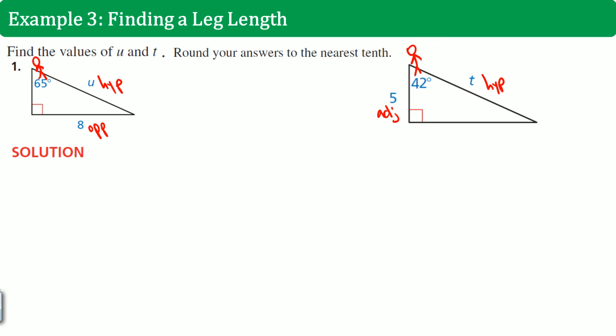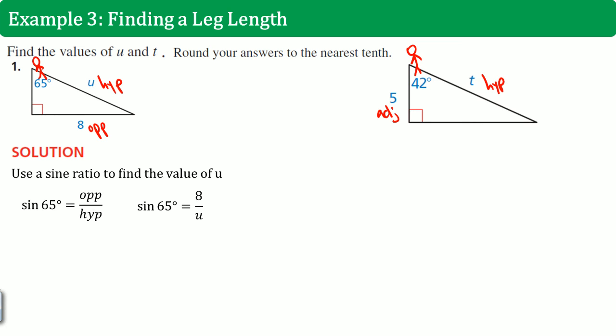Here's the solution. So we have opposite over hypotenuse, so that should be sine. Yep, sine to find the value of u. Sine is going to be your opposite over hypotenuse. So sine of 65 is going to be equal to 8, which is opposite, divided by the u.